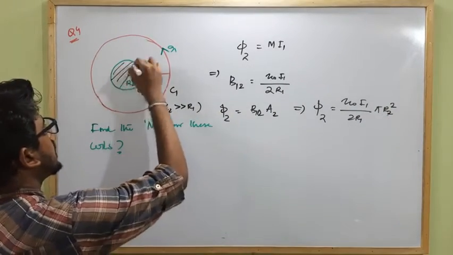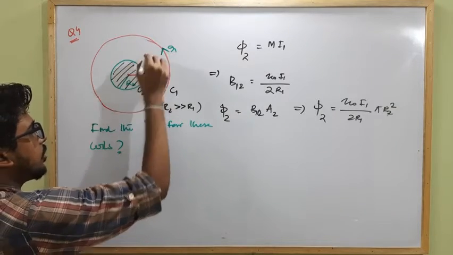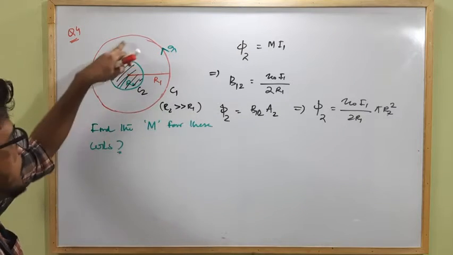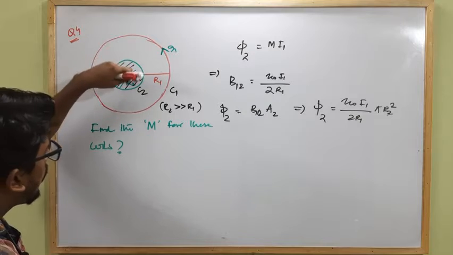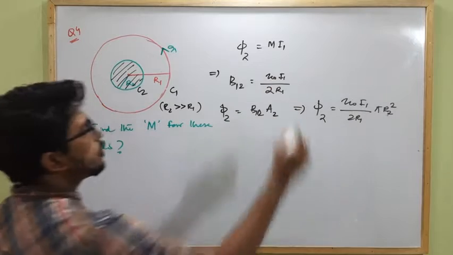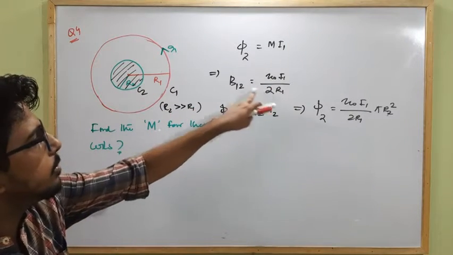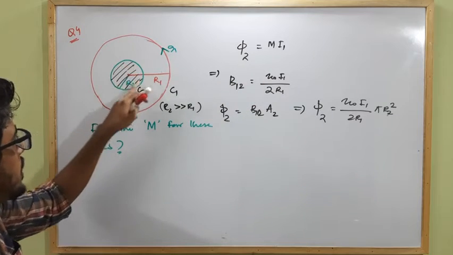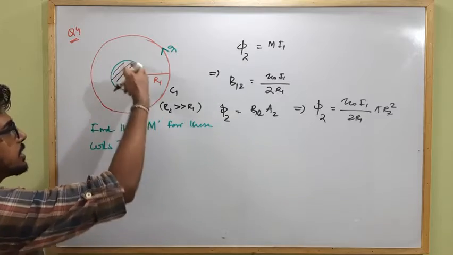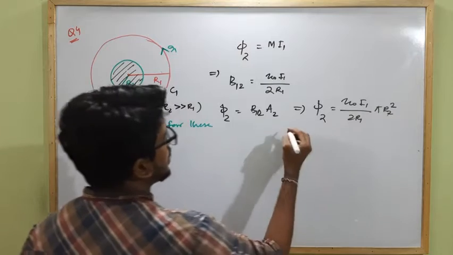Because R2 is very negligible in comparison to R1, we consider the magnetic field over this circular loop to be uniform, equal to mu naught I1 by 2 R1. Clear? So mu naught I1 by 2 R1 is the magnetic field at each and every point of the small circular ring of radius R2. So the flux linked with this ring will be magnetic field into area of the ring, that is pi R2 square.